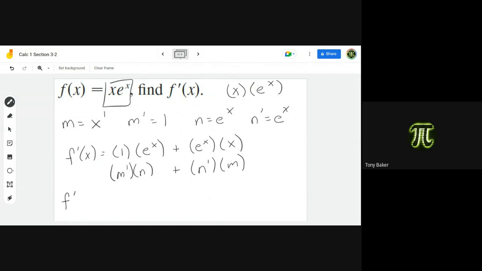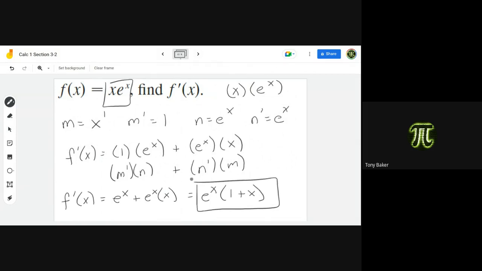So if we clean this up a little bit, I have e to the x plus e to the x times x, which I can pull out the e to the x and I end up getting 1 plus x. So that is my derivative.